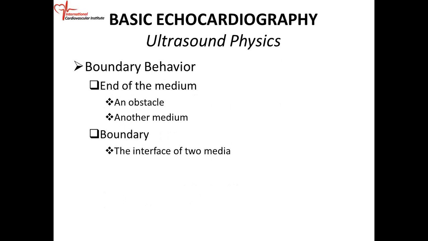Once a wave hits a boundary, a portion is going to be reflected and a portion is going to be transmitted through the medium. The reflected portion is going to follow the law of reflection, that the angle of incidence is equal to the angle of reflection. And the portion that's going to be transmitted through the other medium is going to follow the law of refraction.